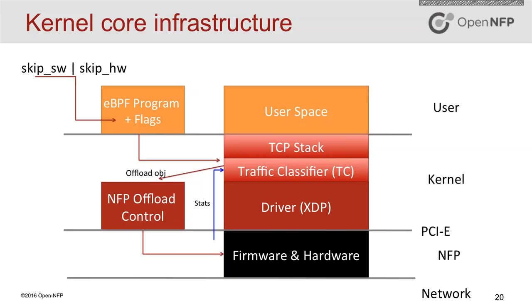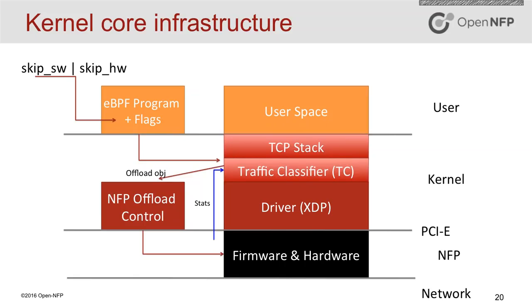If the driver can perform the offload, it will accept the offload object and perform the offload, and other drivers, basically all drivers apart from Netronome drivers today, would just reject that offload, and the Traffic Classifier will handle the classification by itself. So if the driver is capable, it accepts the offload object. It will then perform translation of the program into something that the hardware can understand, and program and reconfigure the hardware so that the classification and the execution of the program can happen in hardware.